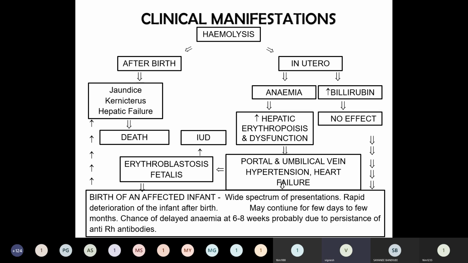It can also produce, in the fetus after birth, jaundice, kernicterus, hepatic failure, resulting in either intrauterine fetal death or death after birth, producing what is known as erythroblastosis fetalis. Okay, so this is the flow chart to explain the clinical manifestation in utero as well as after birth.